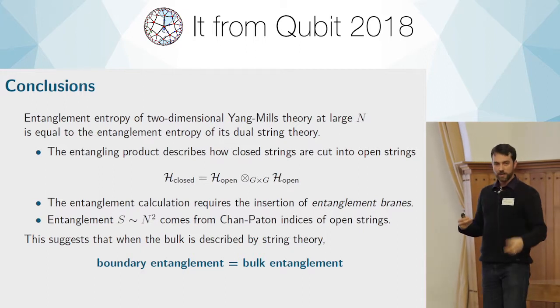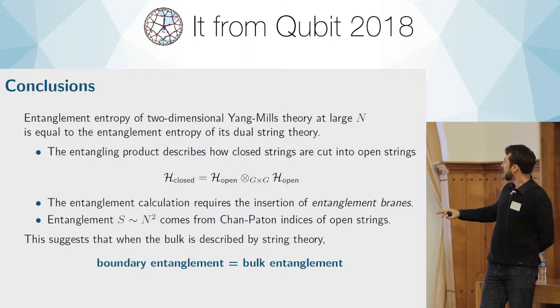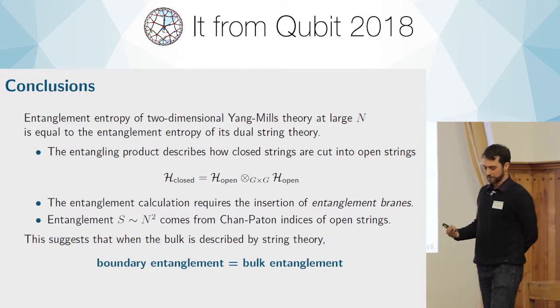Just to sum up, we found that the entanglement entropy in two-dimensional Yang-Mills at large n is precisely equal to the entanglement entropy of its dual string theory.